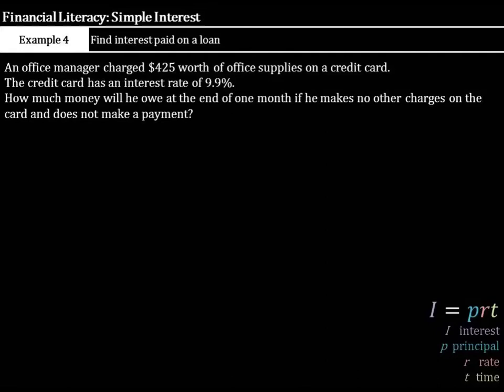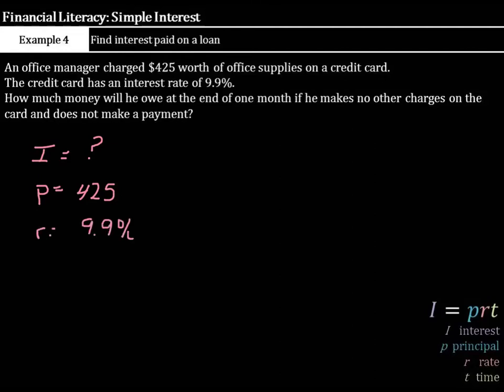Let's set up our variables again. The interest we still need to look for. We need to find how much interest he's going to be charged. The principal is the amount of money he's borrowing, which is $425. The rate is 9 9/10%.